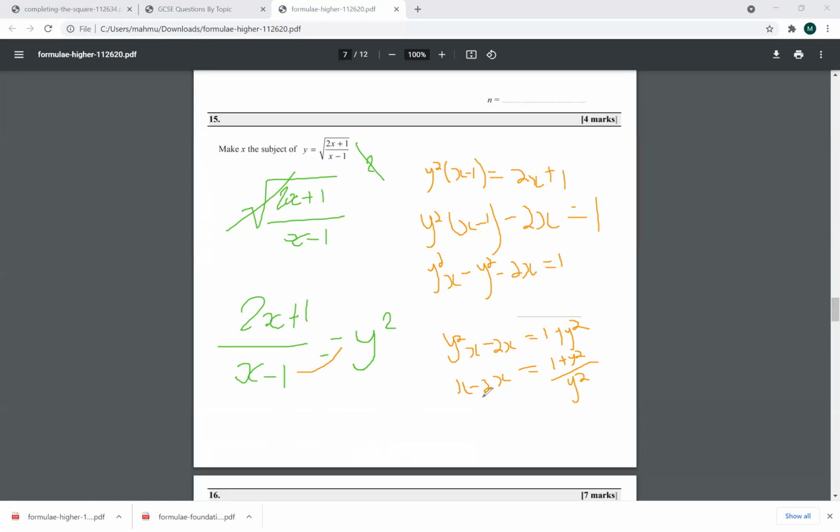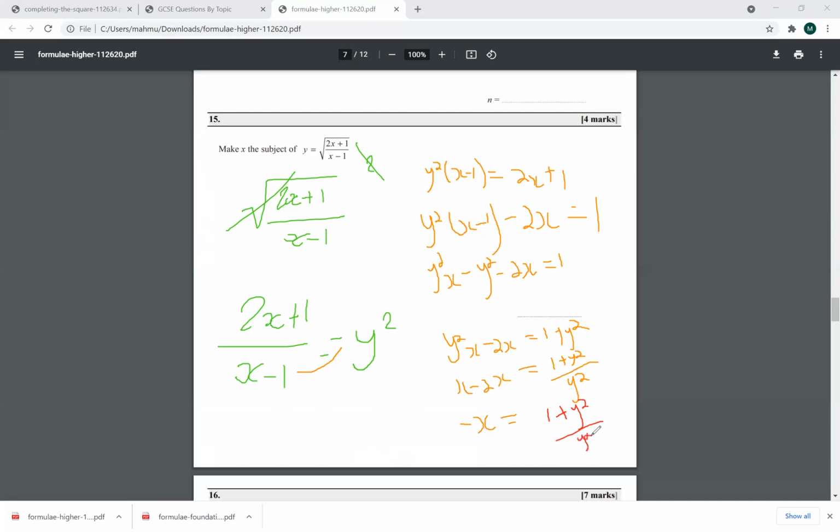Now, x minus 2x is minus 1x. X minus is minus x. Because that's 1 minus 2, right? Yeah. Equals this whole thing. And let me change the color, sorry. So this whole thing, it's still the same thing, plus y squared over y squared.